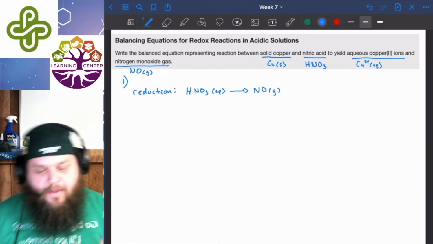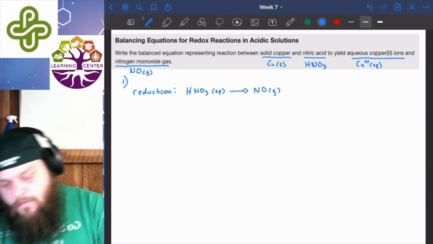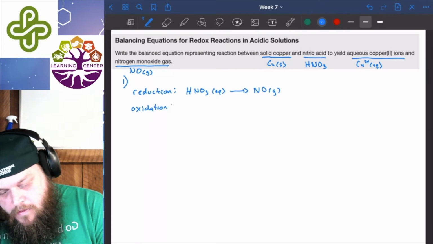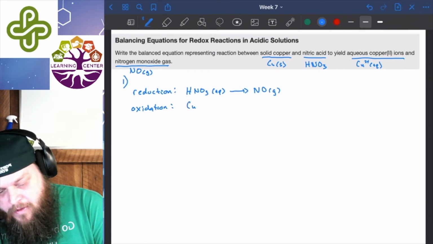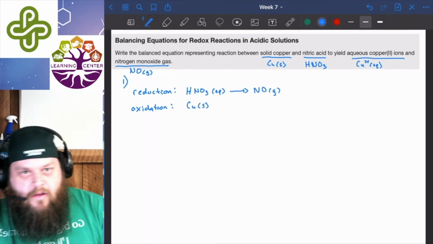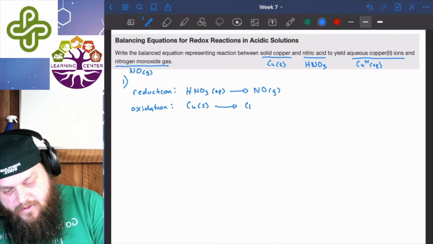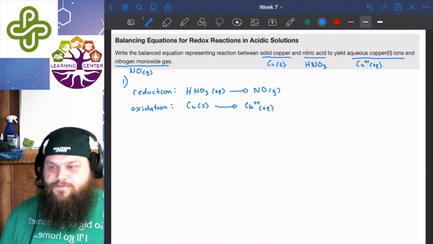That's that basic skeletal structure of the reduction reaction. The oxidation reaction is going to be the copper. So copper goes from a solid to this aqueous 2 plus ion. So we can write that out there.